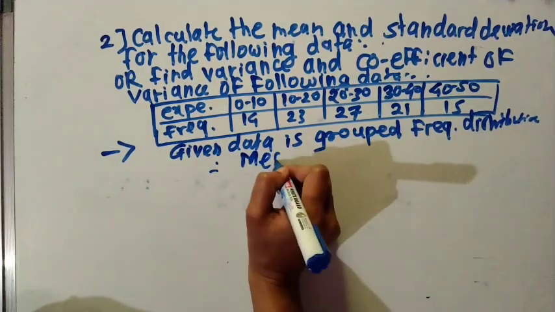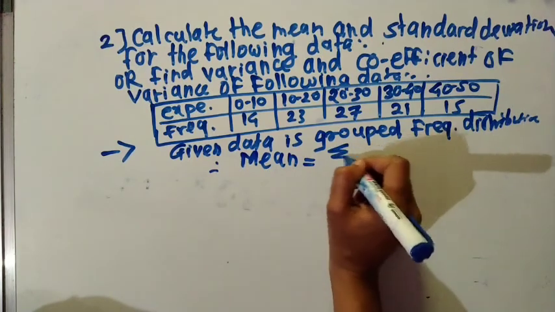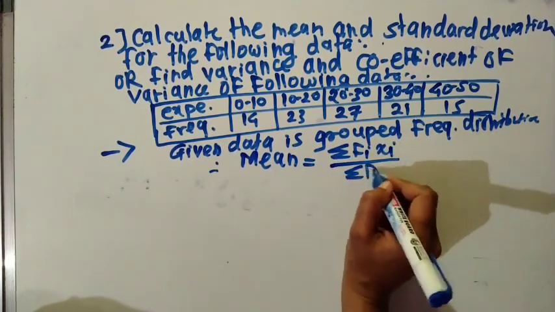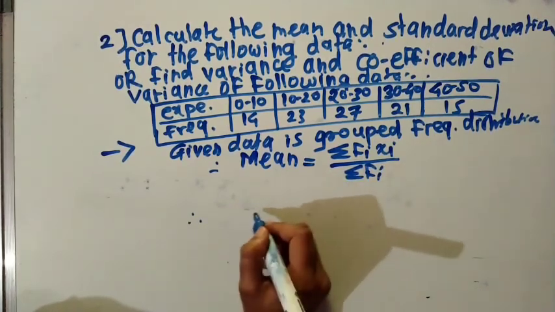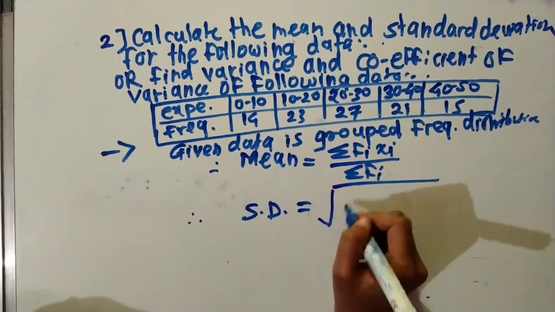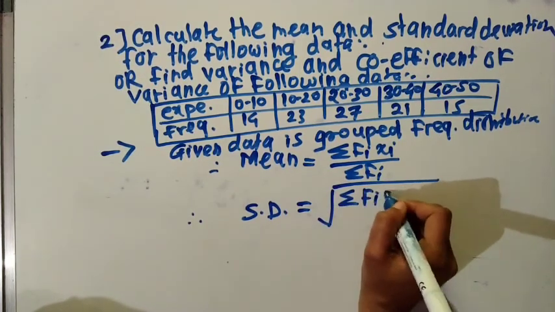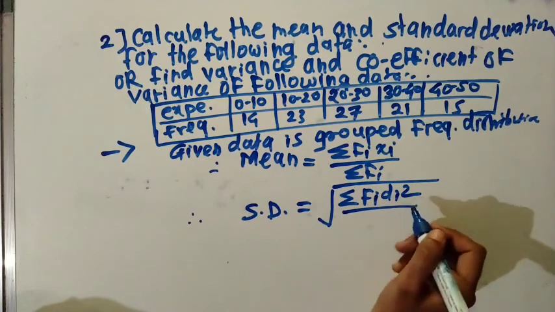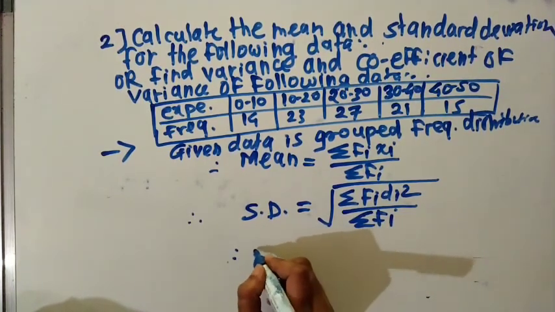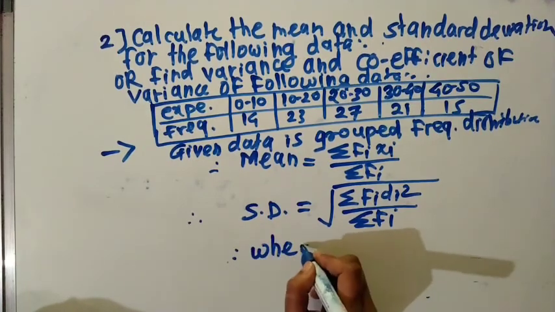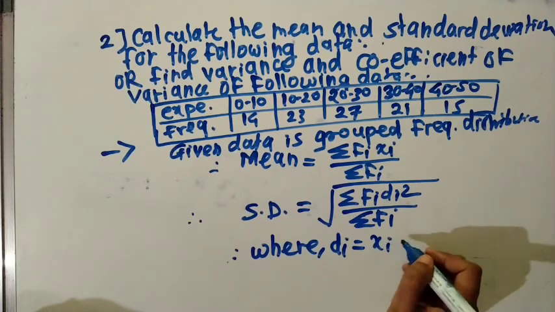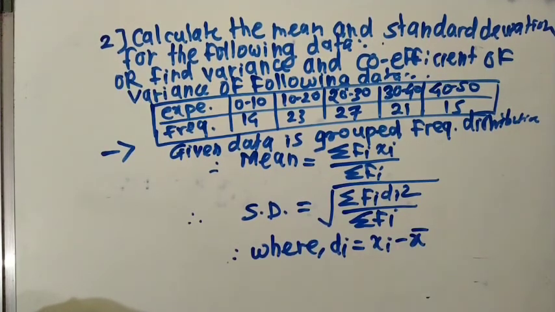Hence mean is equal to summation of fi xi upon summation of fi, and the standard deviation for grouped data is the square root of summation of fi di square upon summation of fi, where di is equal to xi minus x bar.